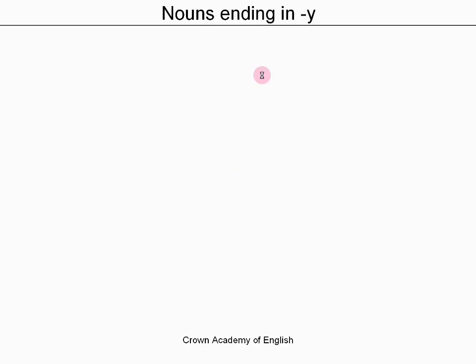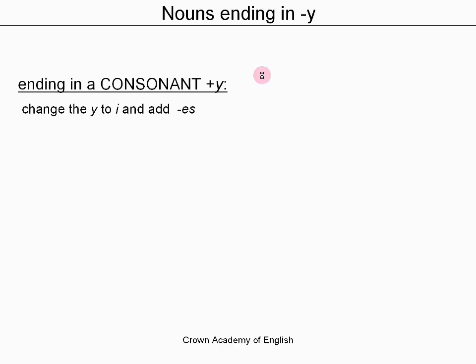So now, nouns which end in the letter Y. First of all, if the noun ends first of all in a consonant and then the letter Y, then in that case we change the Y to an I and then we add ES to the end.